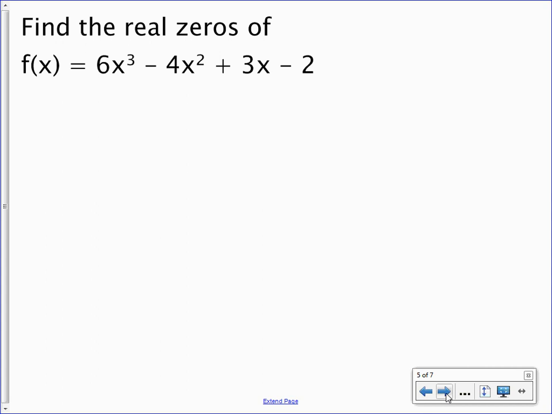Using the rational zeros test, let's list out our possible zeros. Factors of the constant are over factors of the leading coefficient.